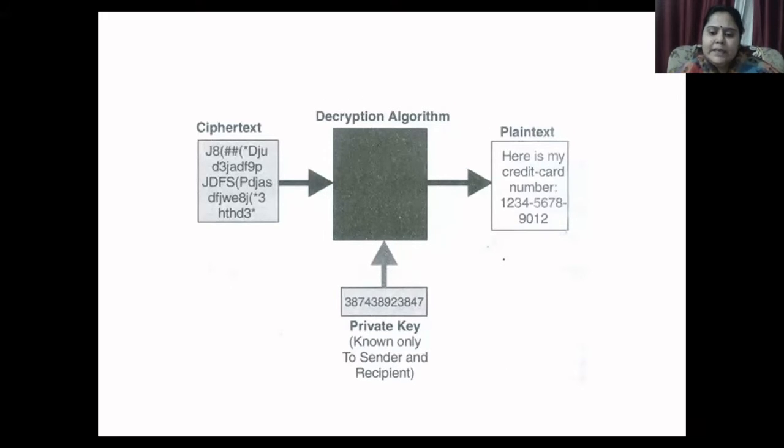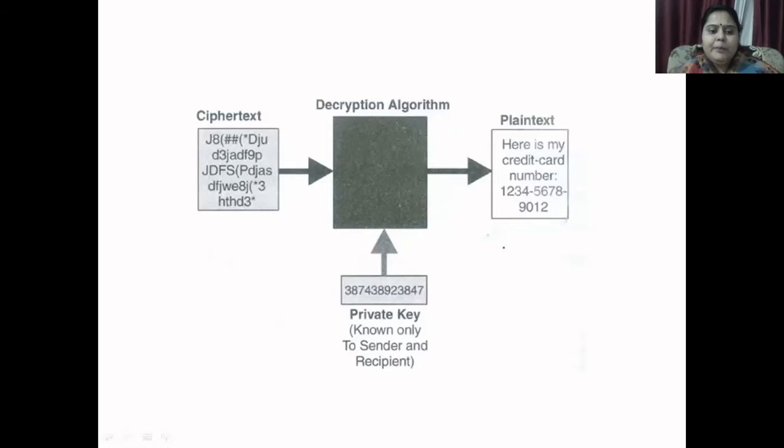Now see what is private key cryptography. In private key cryptography, the sender and receiver agree beforehand on the secret private key. The plain text is combined with the key to create the ciphertext. An adversary could not determine the meaning of the message without decrypting the message, for which he needs the key.